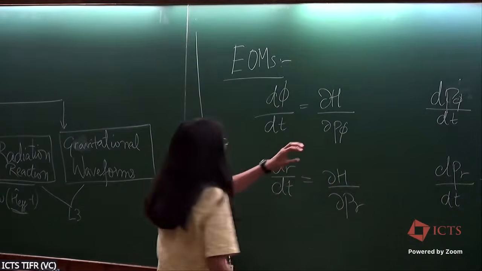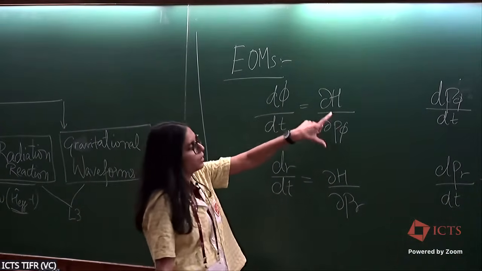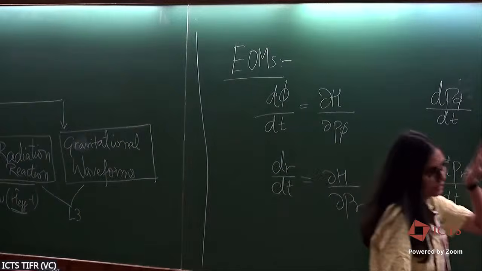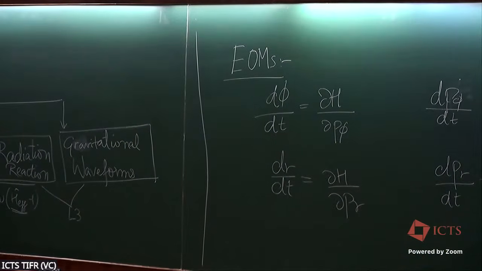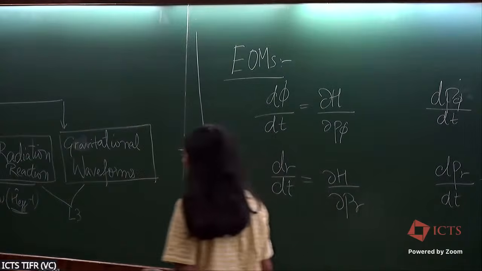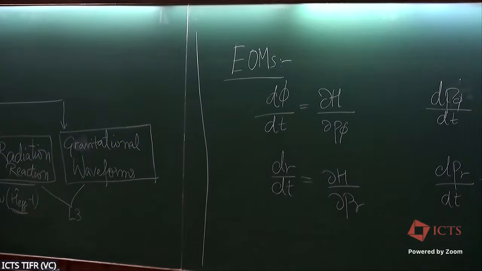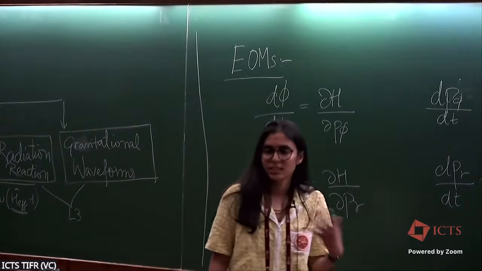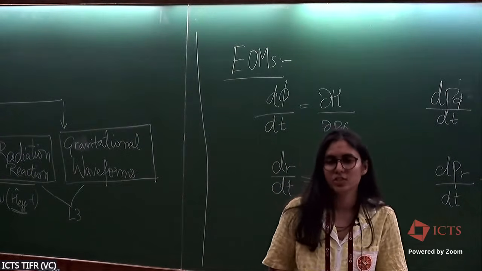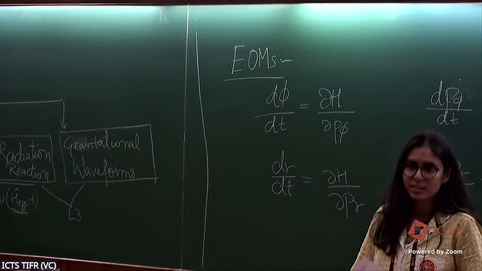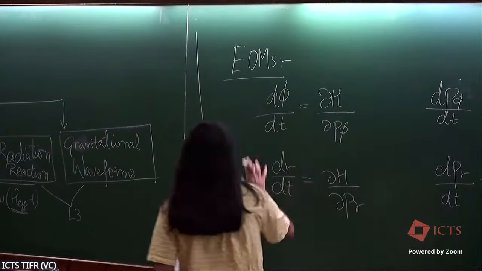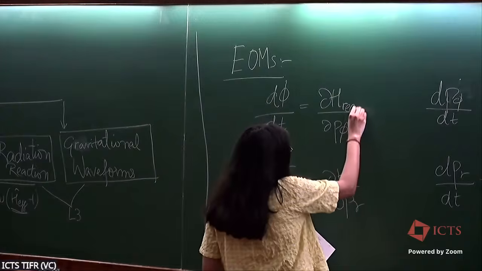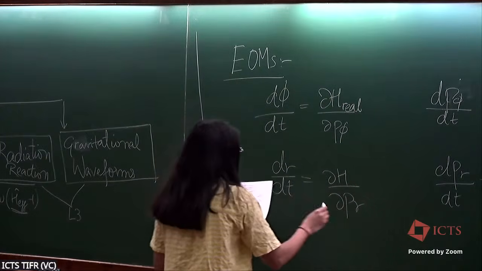So I say that these are the Hamilton's equations for some Hamiltonian H. I do not specify what this Hamiltonian is. Is it a real Hamiltonian or the effective Hamiltonian? Because we want to construct this effective Hamiltonian for EOB, but what we want to actually obtain is the real system analysis, so the waveform that is generated by the two-body system. So it's a real thing.